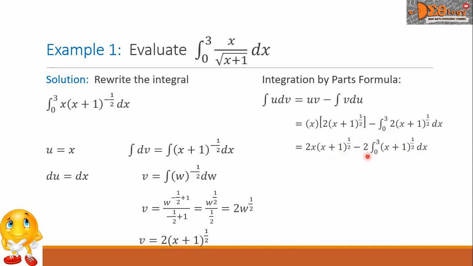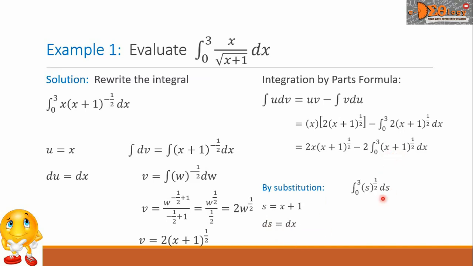So we have 2 times the integral from 0 to 3 of the function x plus 1 raised to 1/2 dx. For the integral here, we need to do another substitution method. We let a variable s be equal to x plus 1. So we have here ds is equal to dx.